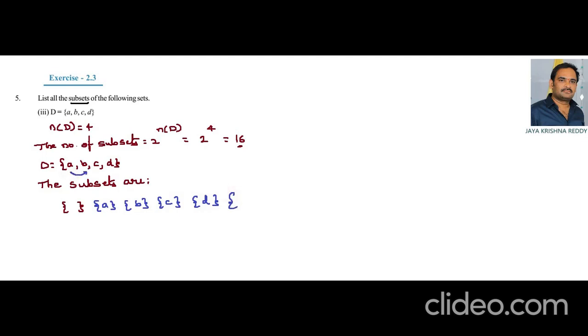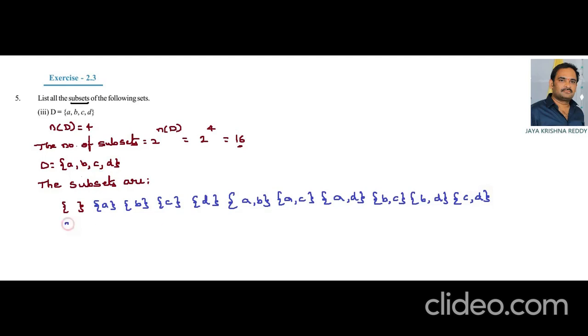First A comma B, and then next A comma C, and then next A comma D. Next the set with elements B and C, and then next the set with elements B and D, and the set with elements C and D.